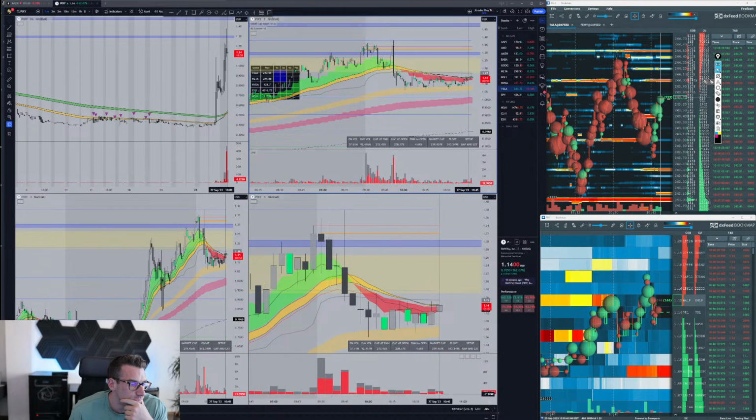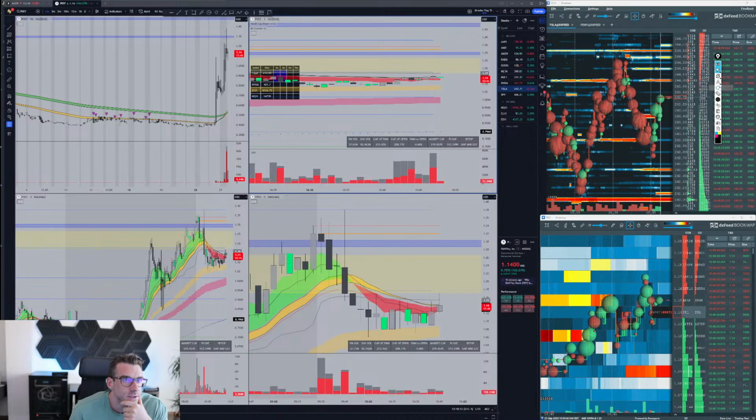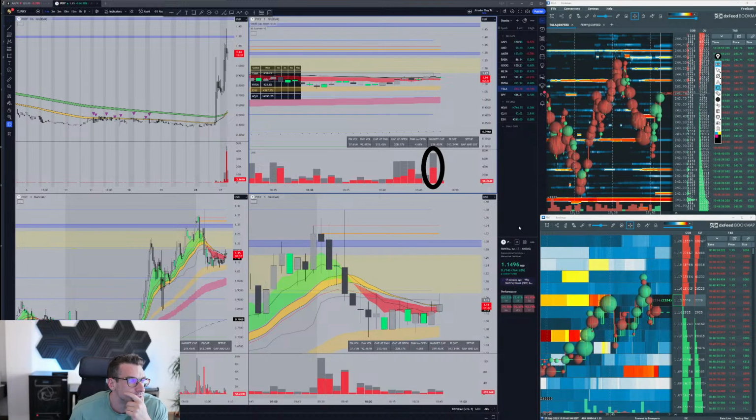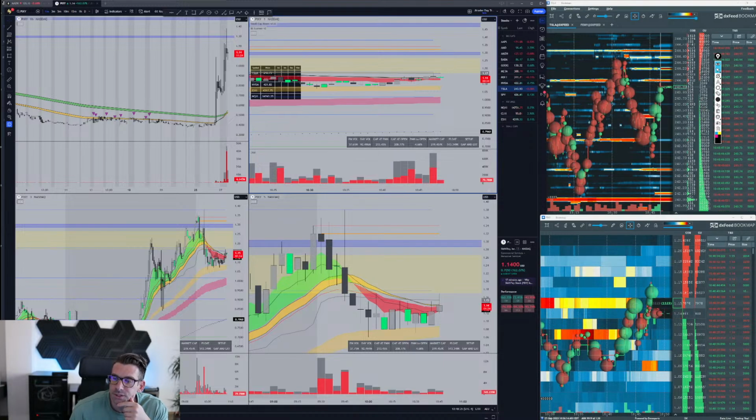Low volume for now. You can see over here the buying and selling pressure. We are 50-50, so we have as many buyers as sellers. So I don't see right now really a big move coming on Pixie. So if you're short, like I see the majority of the traders, just hold.